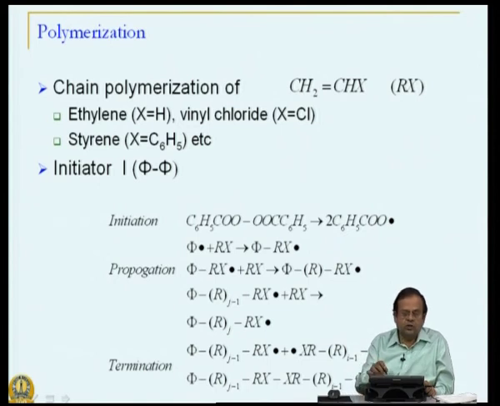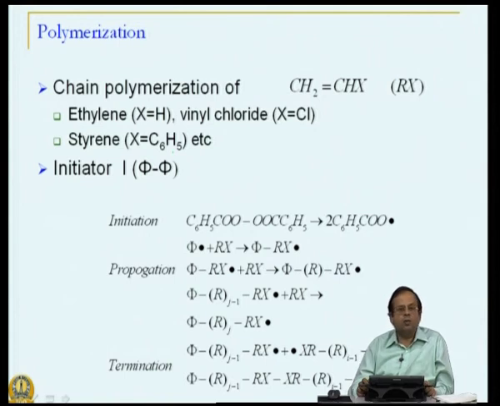Okay. So, if X is a hydrogen, we have ethylene and polyethylene. If X is chlorine, we have vinyl chloride and polyvinyl chloride, PVC. If it is styrene, C6H5, we have polystyrene.